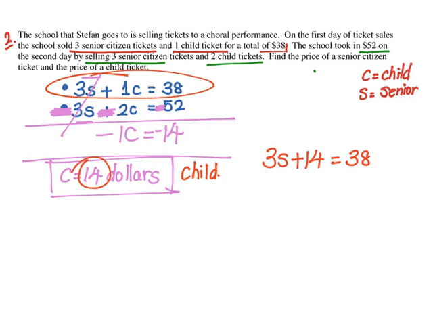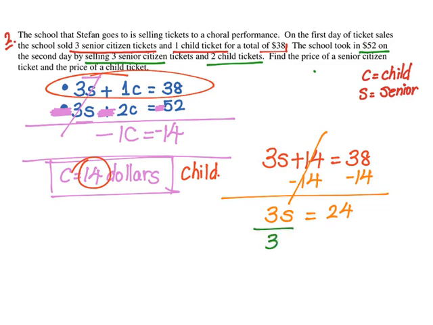So now I can subtract 14 on both sides, and then divide by 3. Hence, the cost of each senior citizen ticket is $8. So you can see that in real life examples also, the system of equations is helpful. On the next page, we look at the next question.